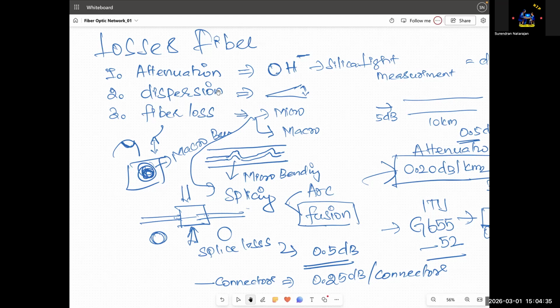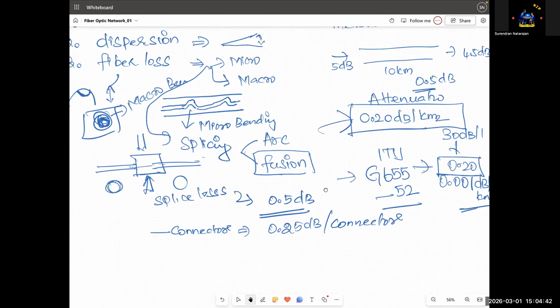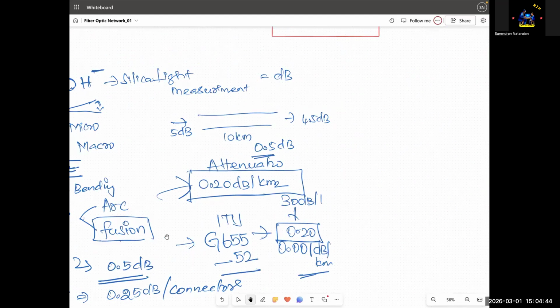And the next one is dispersion. The worst effect is that in modern optical communication we are not sending one light. In dispersion, we send multiple light sources. You are sending light like this, another light is sent like this, so they start talking to each other.